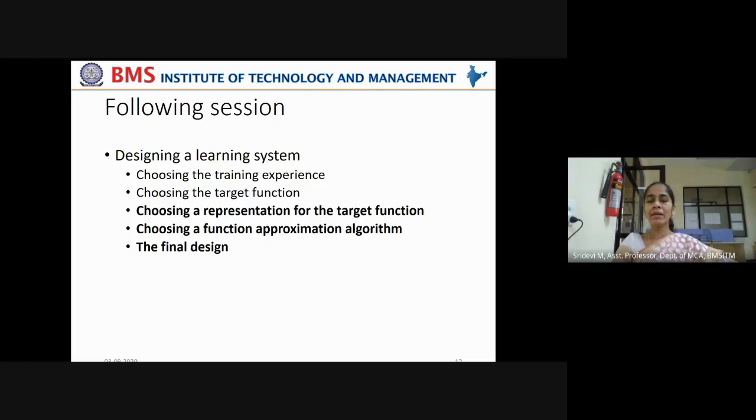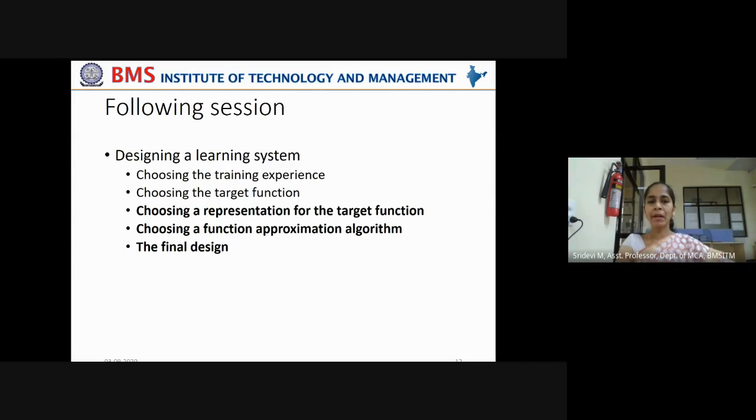But to make a learner more accurate, the test example should be from a different distribution than the training example, so that he can generalize better and perform better with unseen examples. That is how you understood how to choose a training experience. And now how to choose a target function. You have to create a function approximation which better explains the possible moves while playing a checkers game.